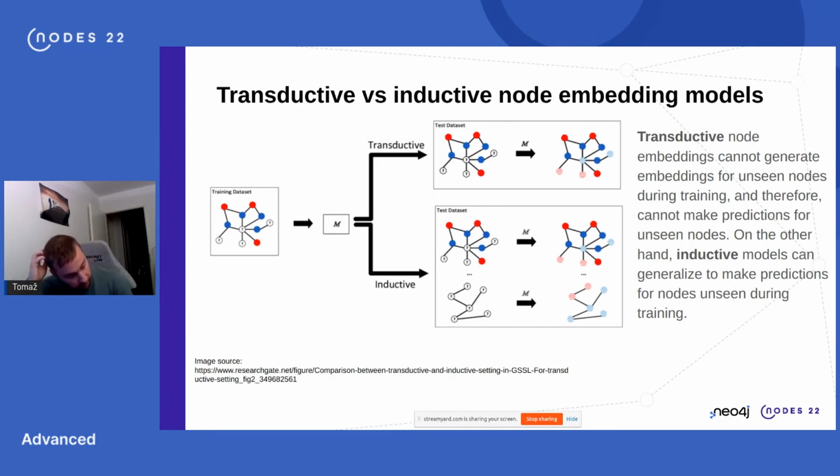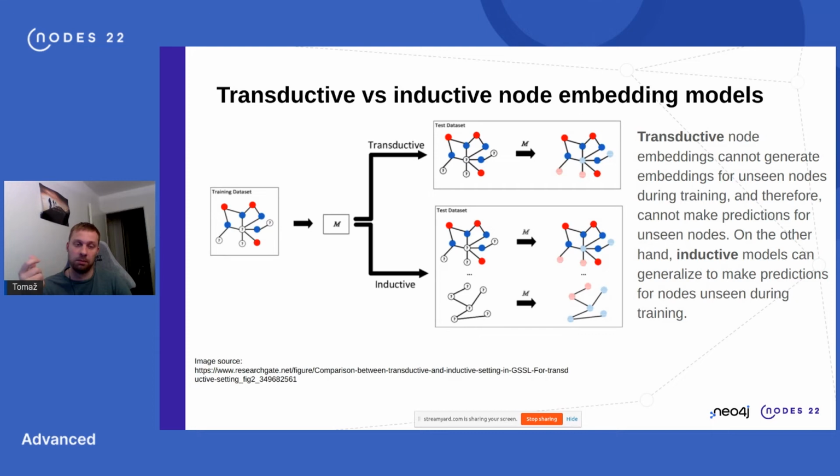So for example, before I said if you've got 1 million nodes and then you add 1, so you've got 1,000,001 nodes, with the transductive embedding models you would have to rerun the whole machine learning workflow, right? Because the transductive node embedding models cannot generalize to new unseen nodes during training. For example, both FastRP and Node2Vec are transductive node embedding models.